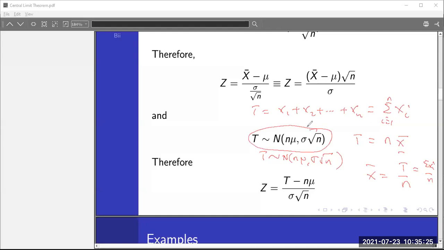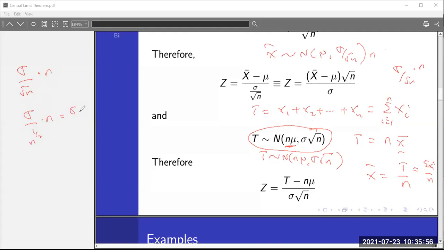How do you standardize that? x bar follows a normal distribution with mean mu and standard deviation sigma by the square root of n. So when you multiply this by n, you get n mu, what we have here. Sigma by the square root of n times n, what do you get? Sigma by n raised to a half, times n.